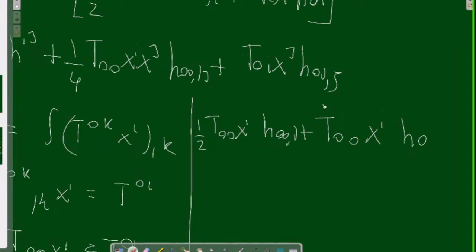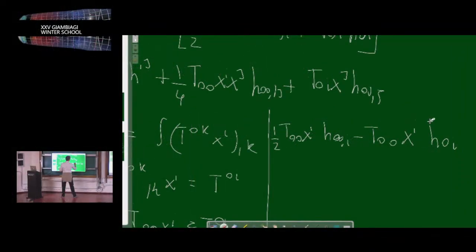And look at this. Now I do integration by parts. All of this is at the level of the Lagrangian. In the Lagrangian, I can always do integration by parts. So here, I put a minus. I cancel this, and I put the dot here. I move the dot from here to there, and I put a minus. So now I have T00 xi that I can put in evidence.